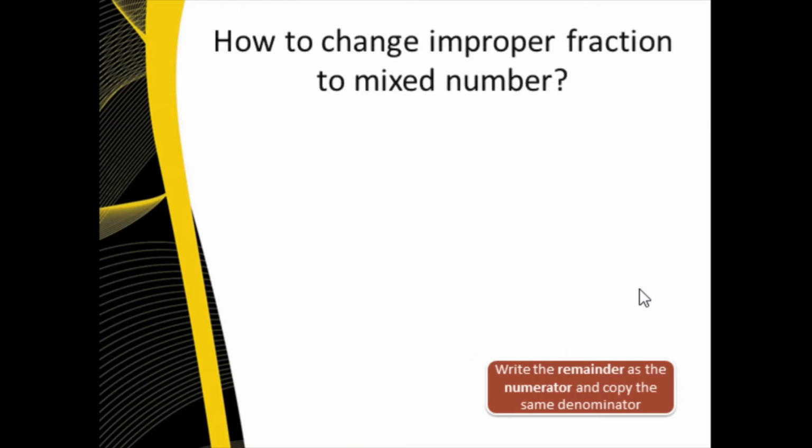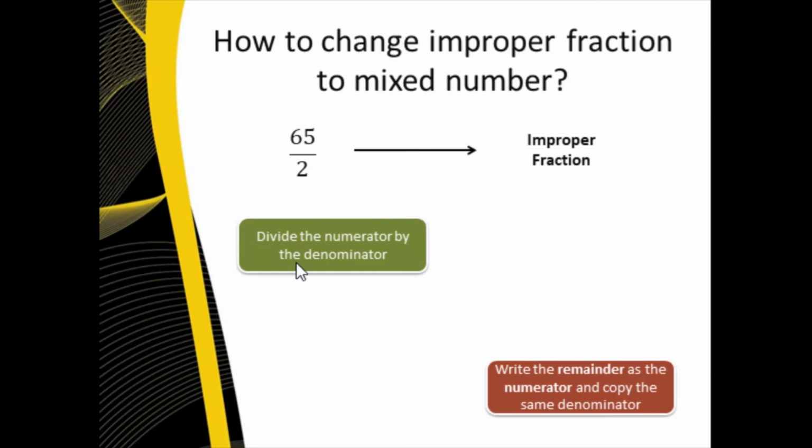Speaking of, how to change improper fraction to mixed number. Example, 65 over 2. 65 over 2 is an improper fraction. The first thing you do is to divide the numerator by the denominator.